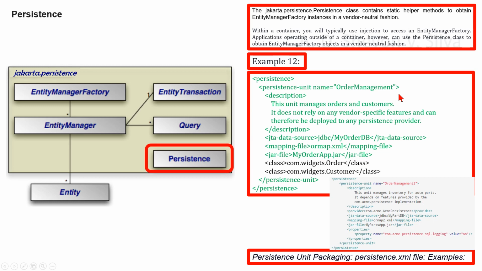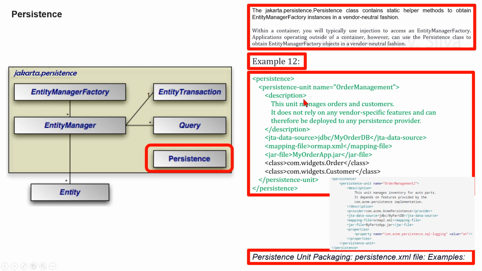In general, in Jakarta EE environments, the transaction type of RESOURCE_LOCAL assumes that a non-JTA data source will be provided. In a Jakarta EE environment, if this element is not specified, the default is JTA. In a Java SE environment, if this element is not specified, the default is RESOURCE_LOCAL.